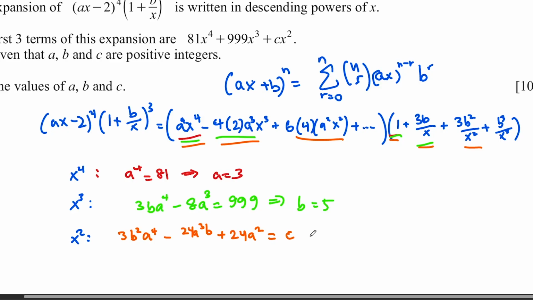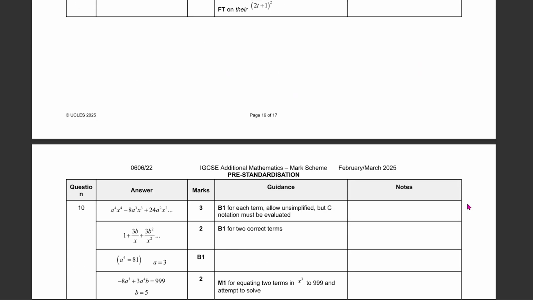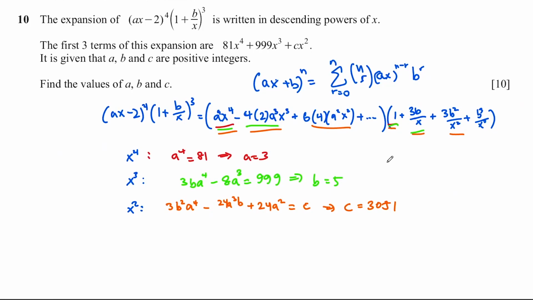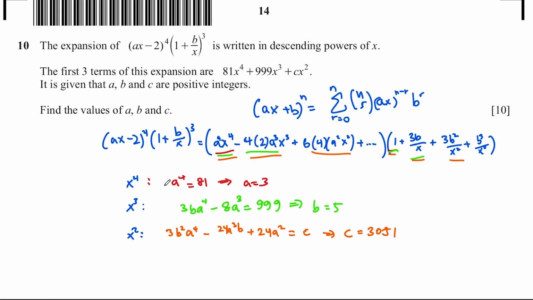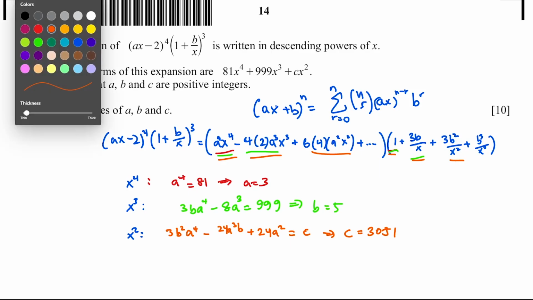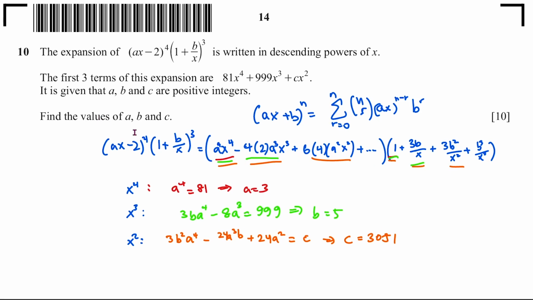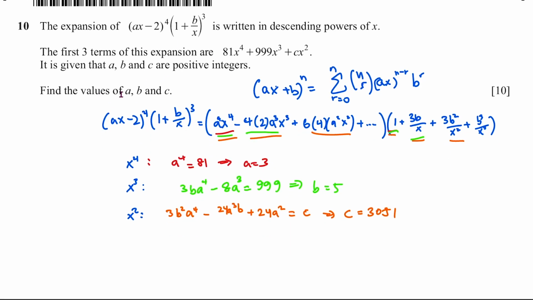You can just type it into your calculator, and c will be 3051. It's a lot of work, but the working does not look quite long. You just need to make sure that you multiply and collect the correct terms and use the formula correctly. So that will be question 10.